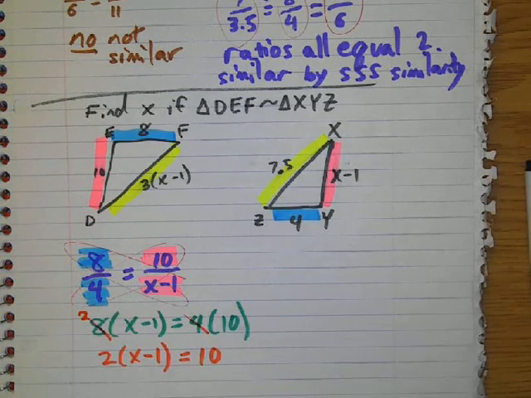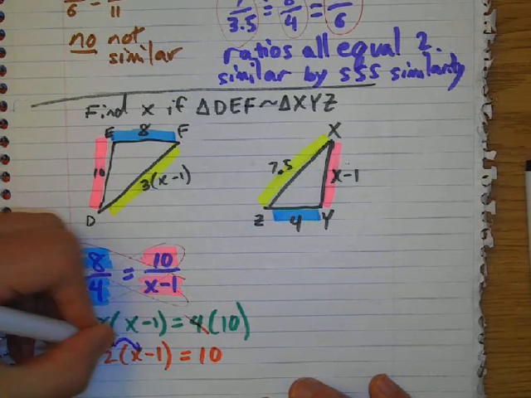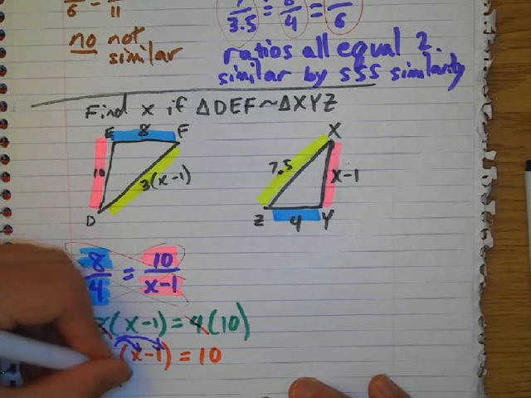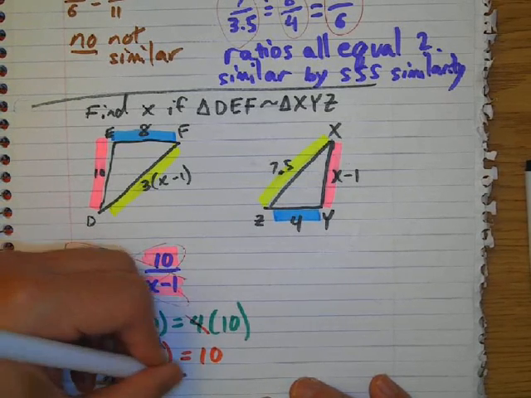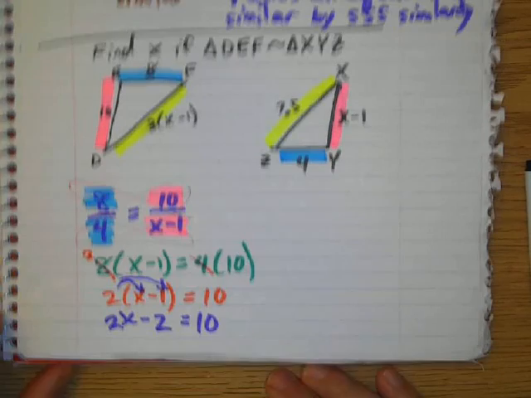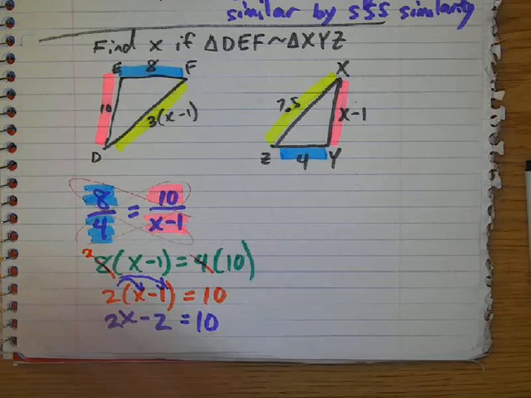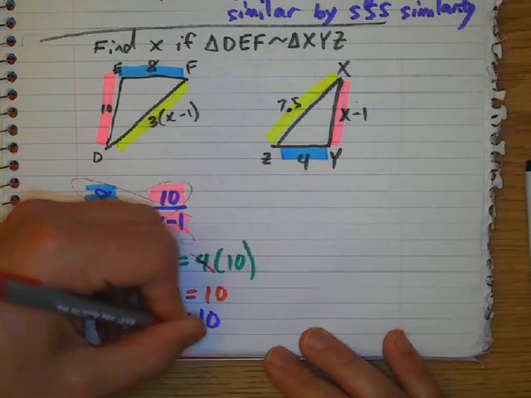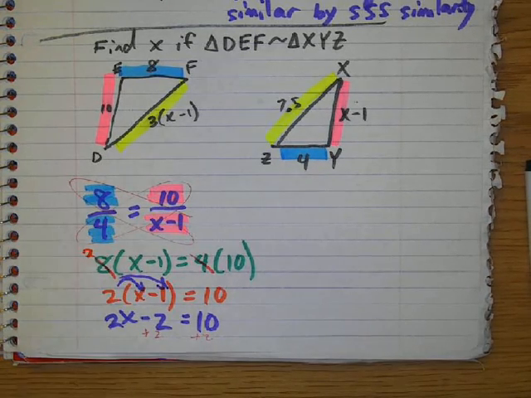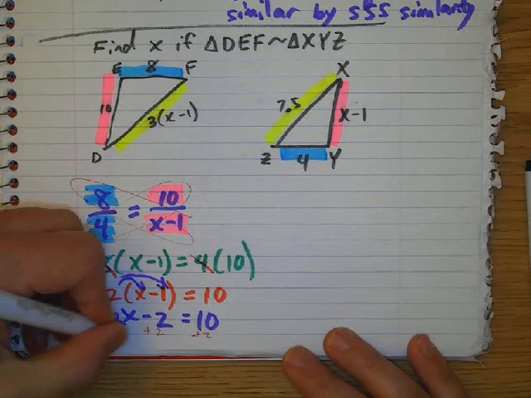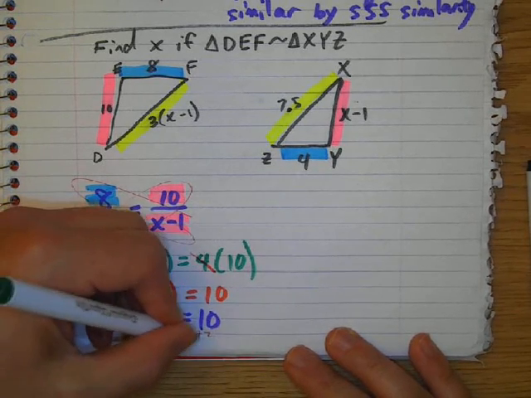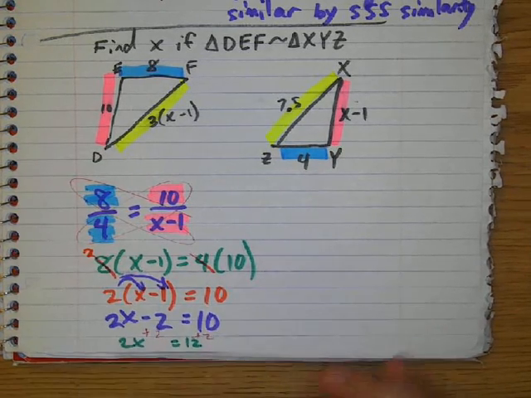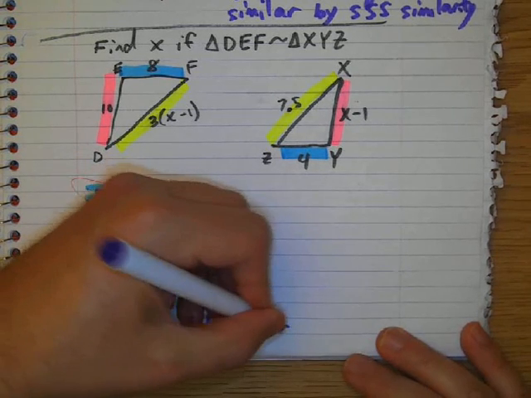And now I should do distributive property. If I do distributive property, I end up with 2x minus 2 equals 10. And then I need to add 2 on both sides. And then I've got 2x equals 12. So if 2x is 12, divide both sides by 2, I get x equals 6.